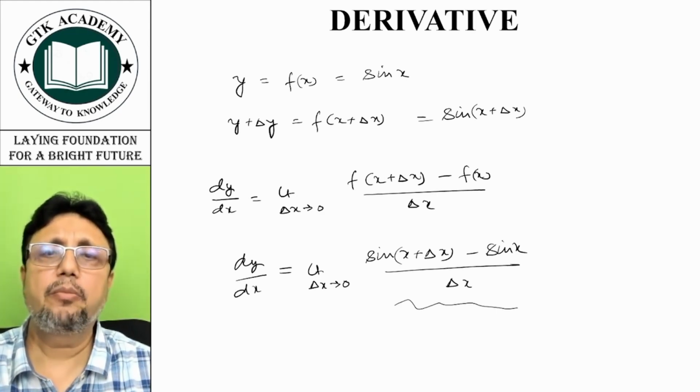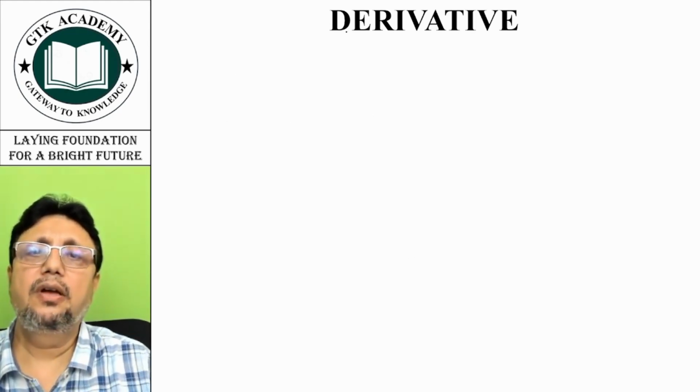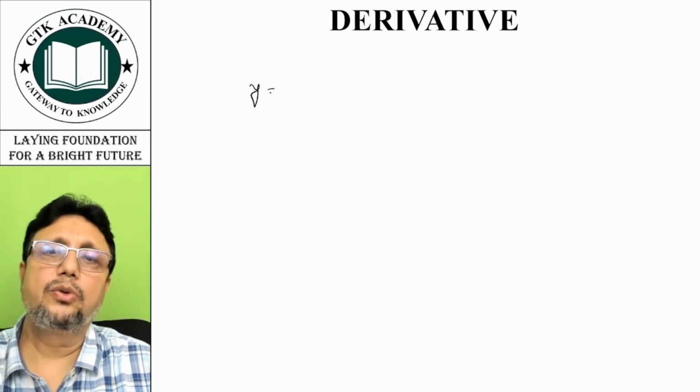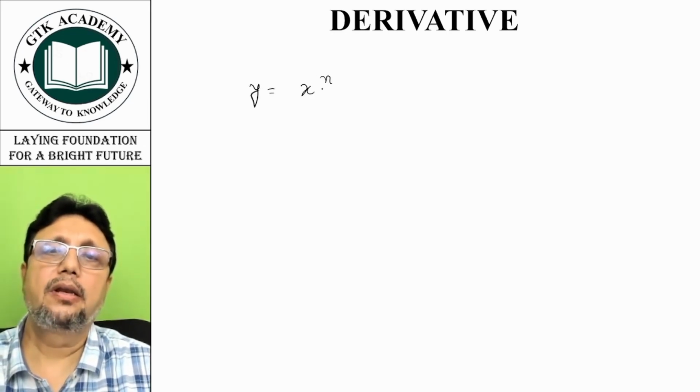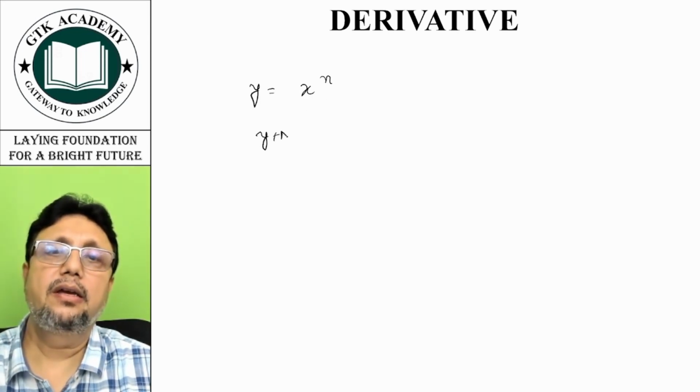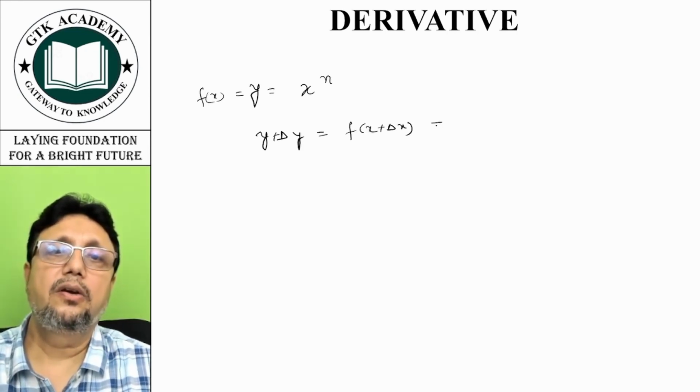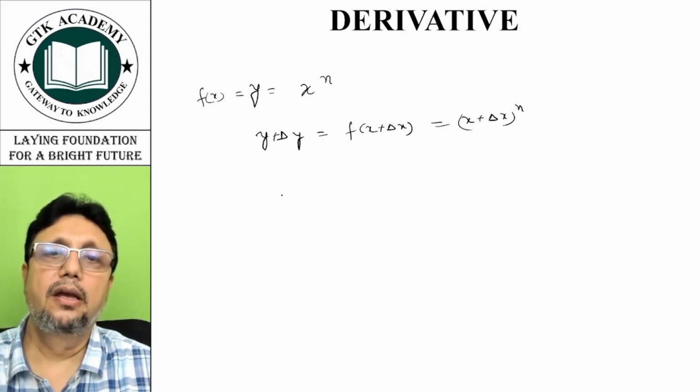Let me give you one more example. Say we have y is equal to x raised to the power n. So y plus delta y is equal to f(x plus delta x), which is (x plus delta x) whole raised to the power n.